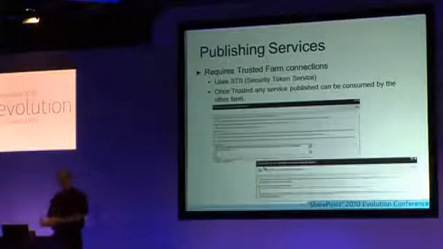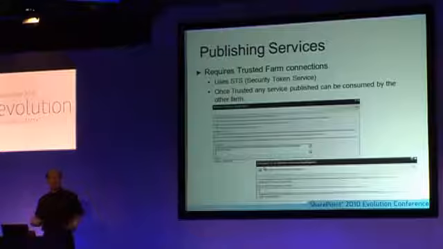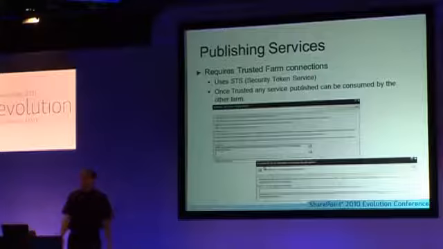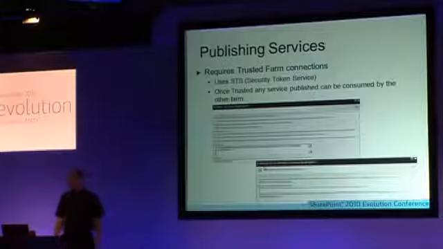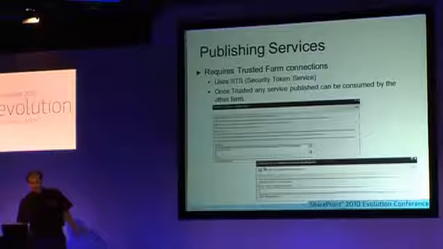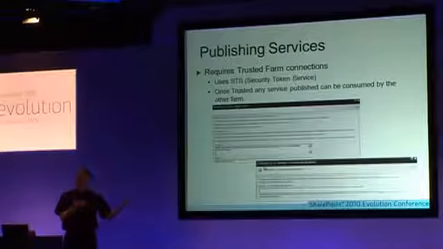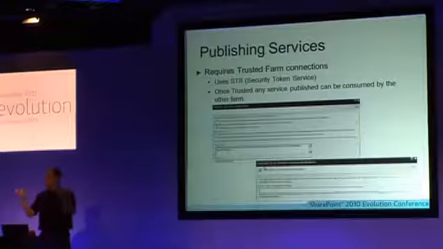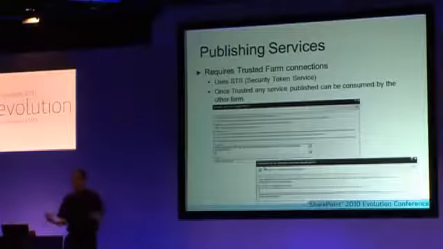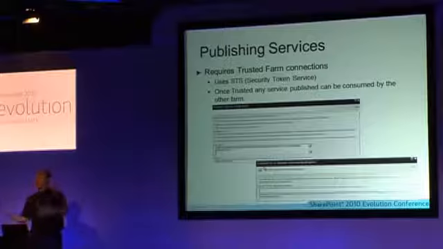Now you can start consuming those services without having to know what service account you can use to do so, which was always a big problem between farms, right? So the publishing mechanism is a really nice feature, especially, as I said earlier, if you're going to do something like managed metadata, like a corporate version of that, and then have it consumed not necessarily by web apps, but by other farms as well.